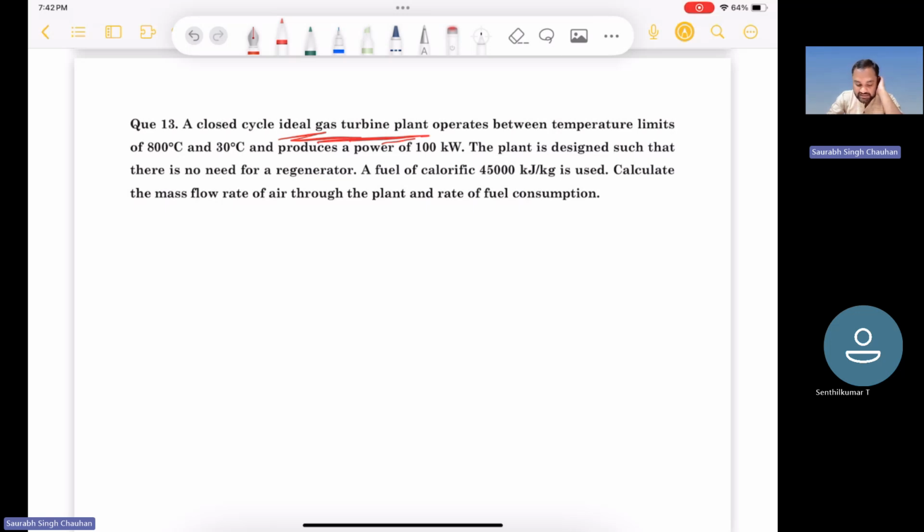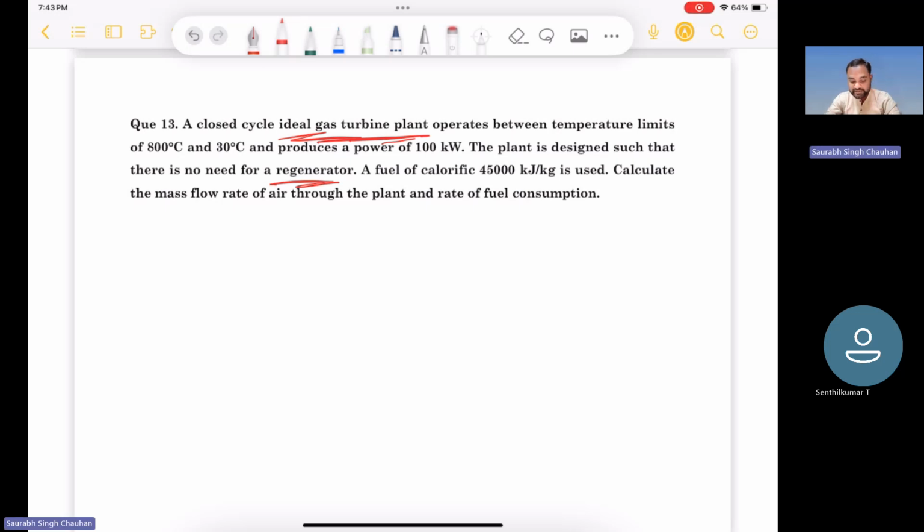The plant is designed such that there is no need for a regenerator, so there is no heat exchanger. A fuel of calorific value 45,000 kJ per kg is used. Calculate the mass flow rate of air through the plant and the rate of fuel consumption.